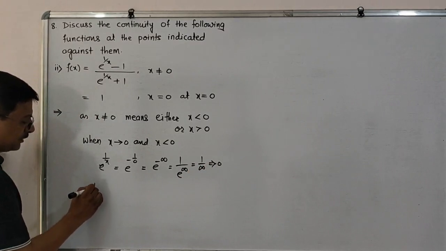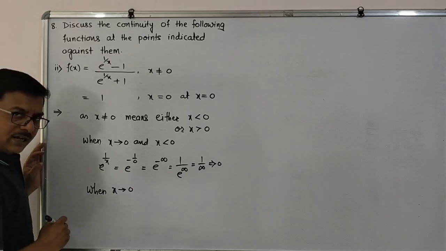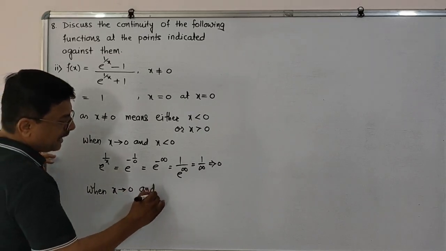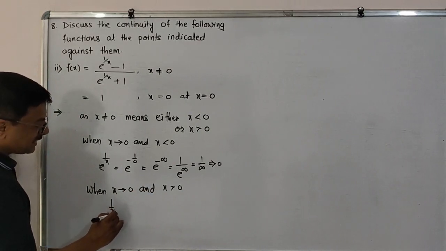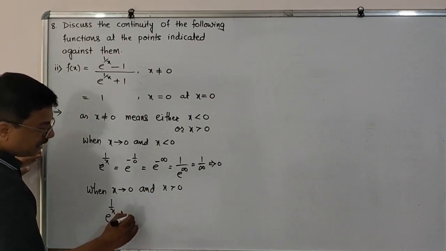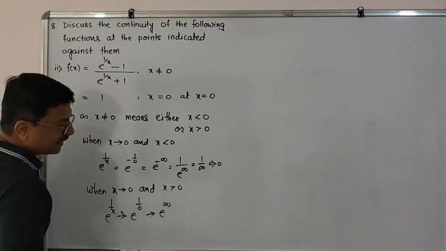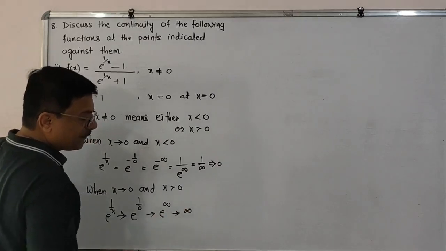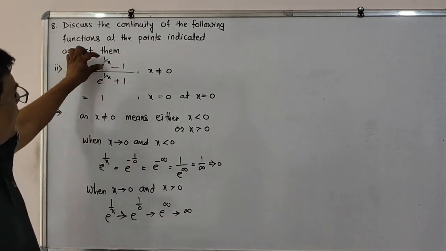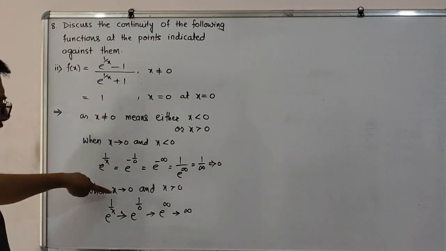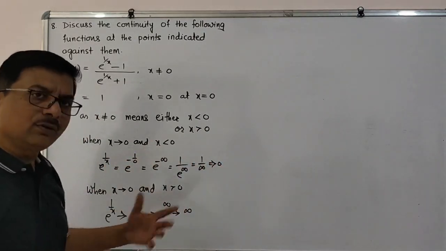But when x is tending to 0, means it is very closer to 0, and x is greater than 0, means it is positive, e raised to 1 by x tends to e raised to 1 by 0, it means it tends to e raised to infinity and it tends to infinity. Means look at these two cases. For the function e raised to 1 by x, for less than 0 it becomes 0, and for greater than 0 it is going to infinity.